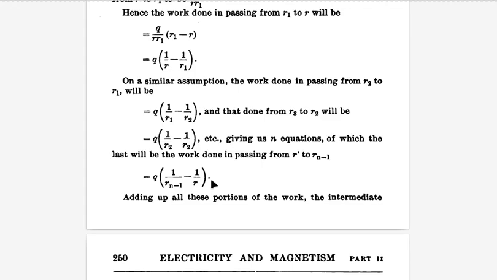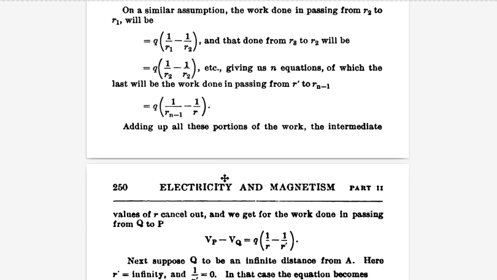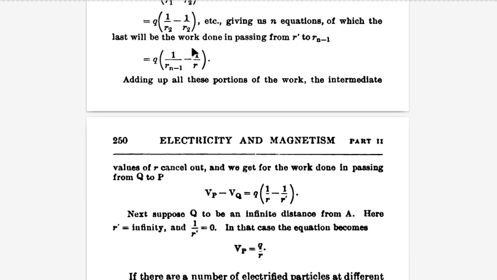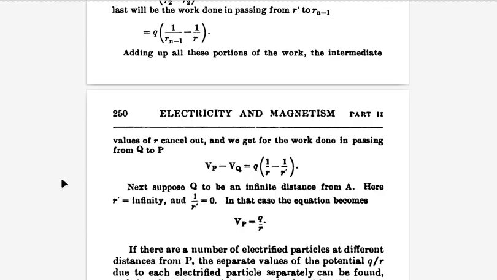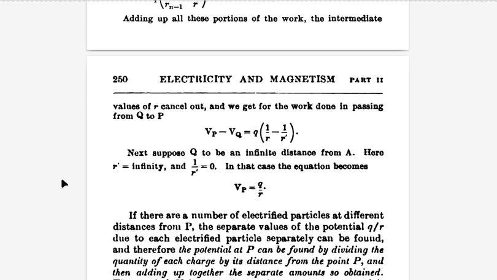Adding up all these portions of the work, the intermediate values of R cancel out, and we get for the work done in passing from Q to P, V of P minus V of Q equals Q brackets 1 divided by R minus 1 divided by R prime.